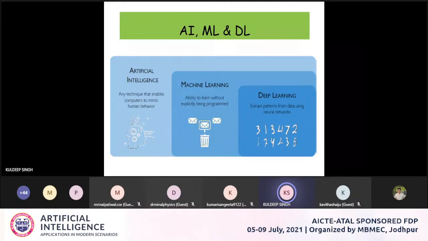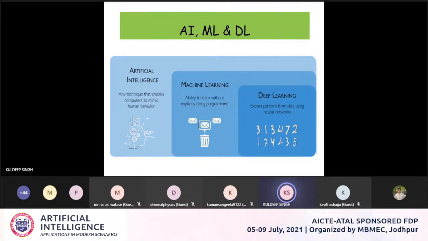The historical aspect: what is the basic difference between AI, ML and DL? Since the theme of this particular FDP is in line with these three terminologies, I hope you must be aware of them, but still I would like to clarify these three terms: artificial intelligence, machine learning, deep learning.